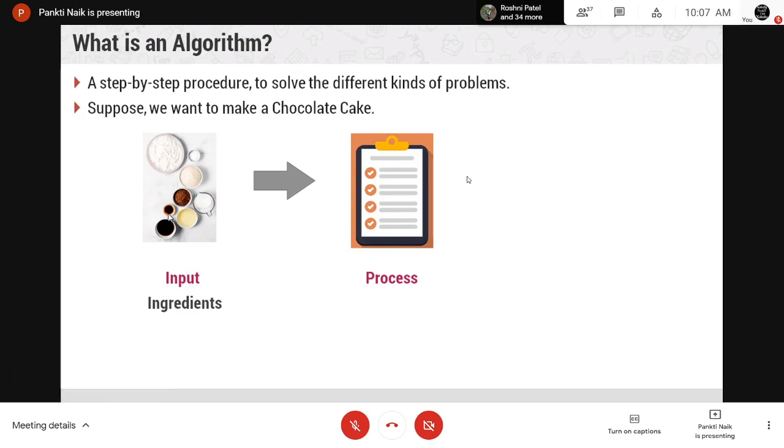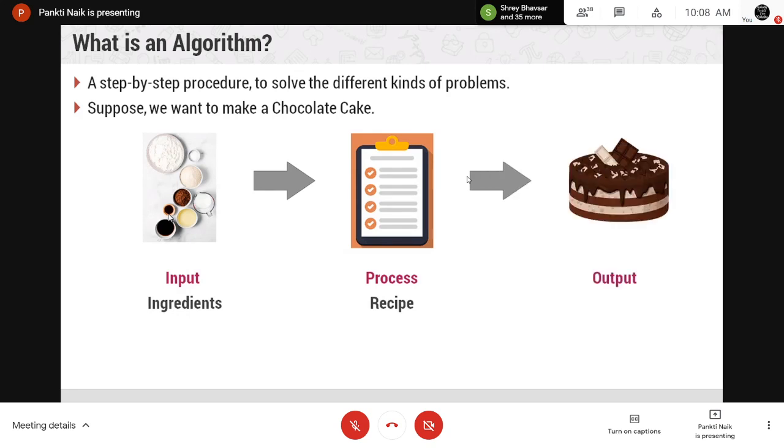You have all the ingredients, then what do you need? A recipe. So how to make the chocolate cake? Process means recipe in this case, and it will give you the final product, that is your cake.